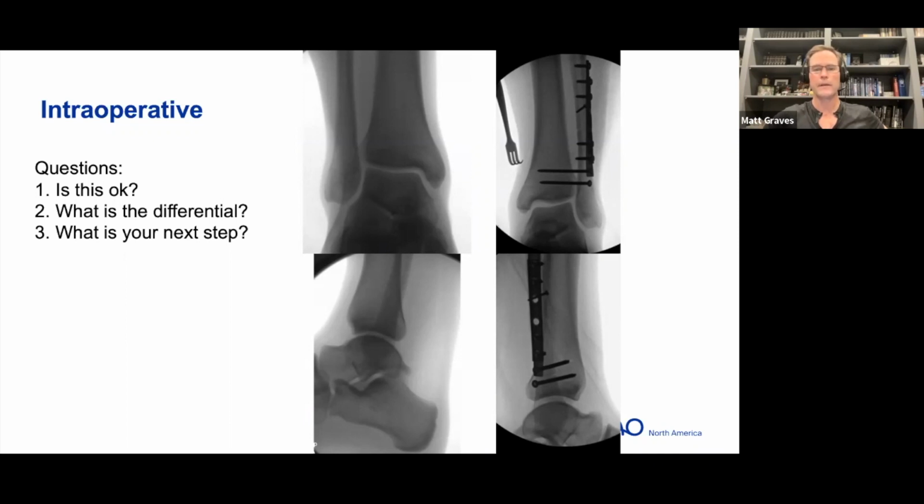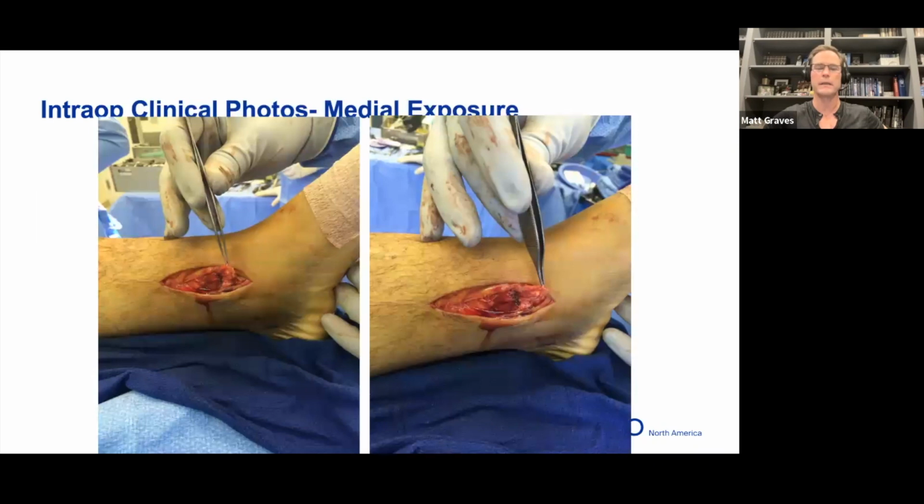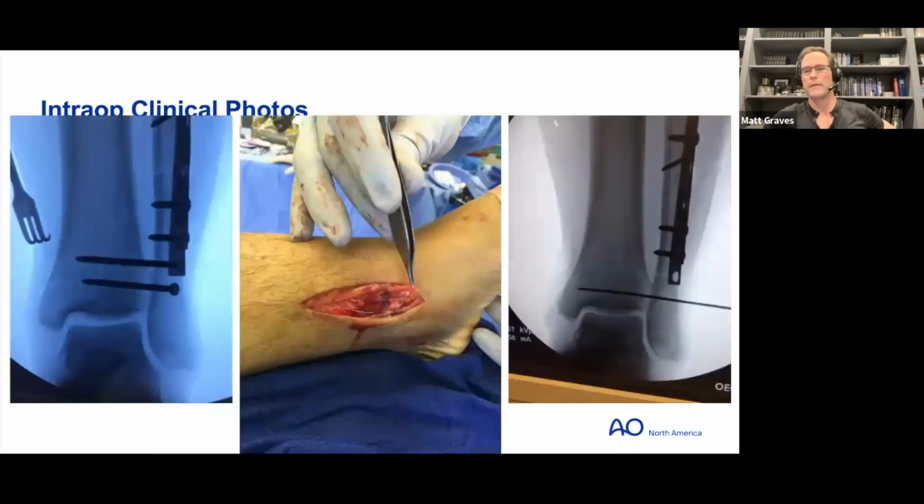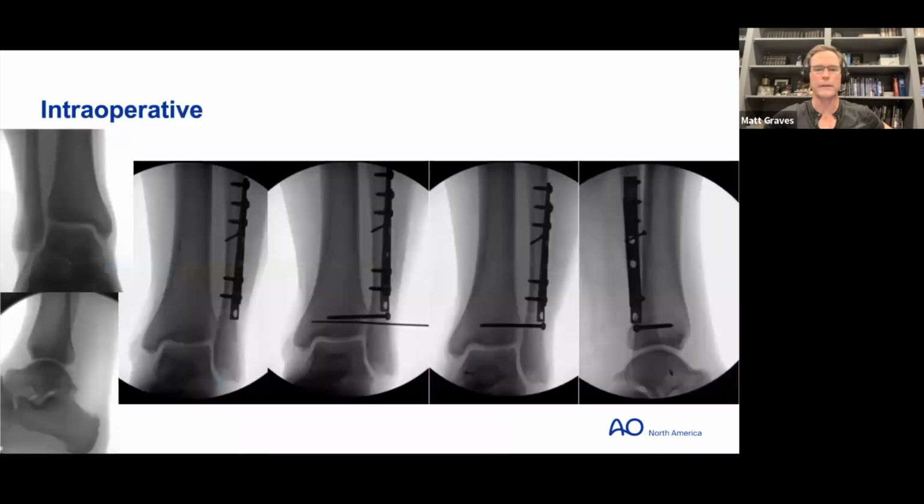In this case, the deltoid was interposed along the medial clear space, and it was making not just a little bit of a talar tilt, but it was also making the rest of the tibiotalar joint look fat. So we went to the medial side, we removed the deltoid, we repaired the deltoid, and then everything went back to normal after we revised the syndesmosis. You see from what it was before compared to how it was after we extricated the deltoid and repaired it. So soft tissue interposition is a real thing.